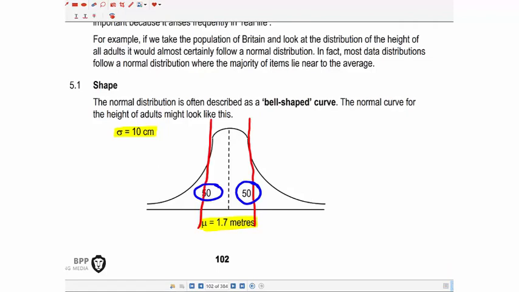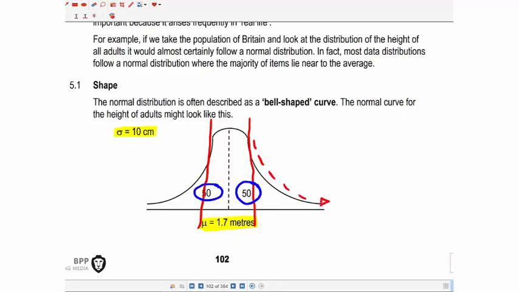What we can also interpret from this bell-shaped curve is that the majority of data items will lie closer to the mean. So when we record the height of all adults, we will see that the majority of that data will sit very close to the mean, and we can see that the occurrences will fall as we move away from the mean.